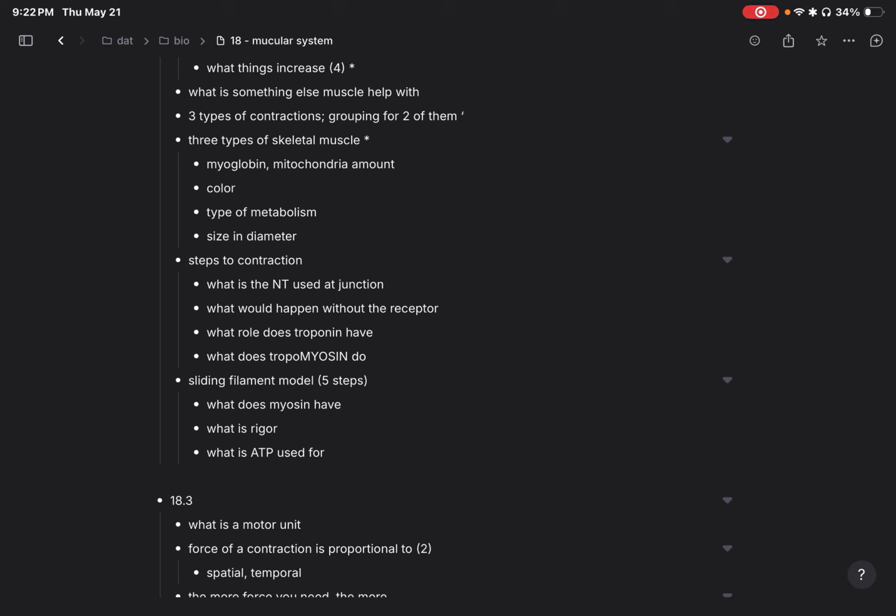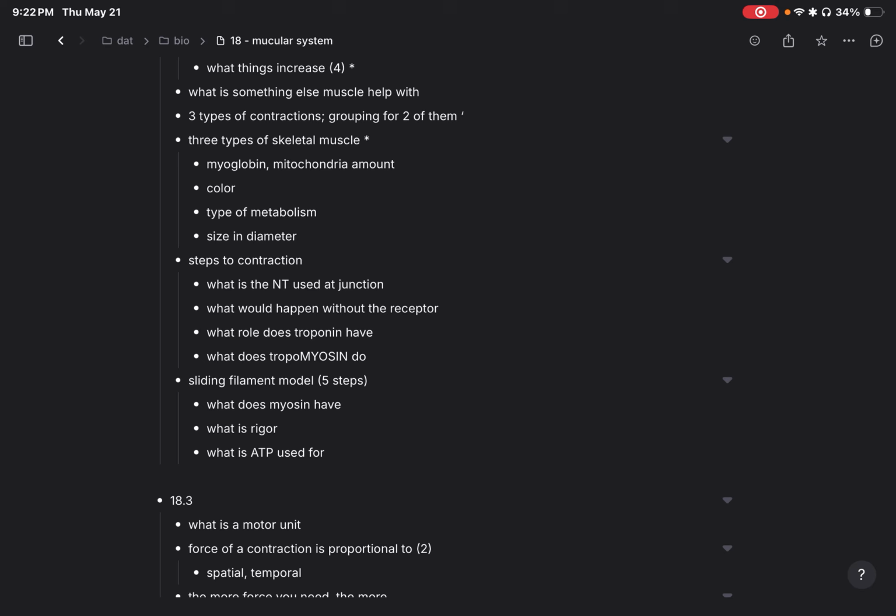Okay, so I was saying acetylcholine will go to the synapse, which is called the end plate on the junction. The motor neuron will attach to the motor end plate, and it'll give acetylcholine to it.